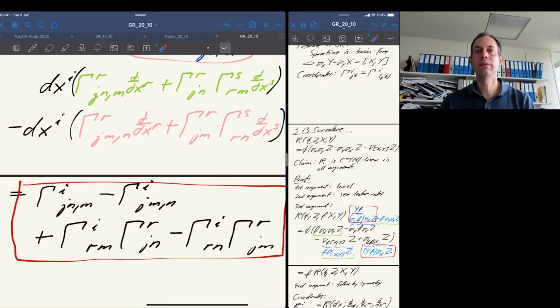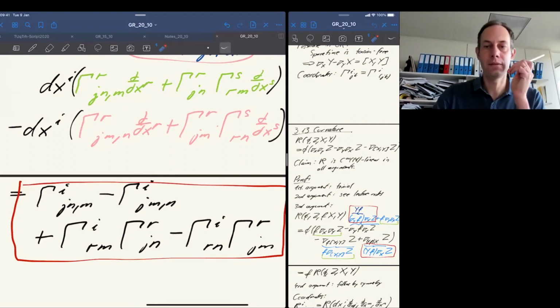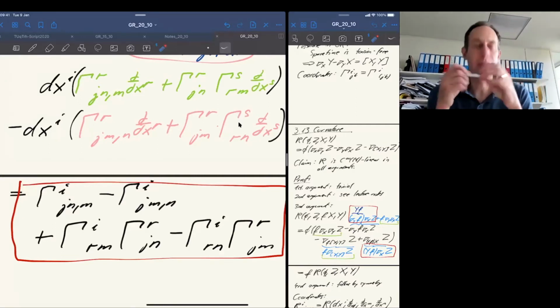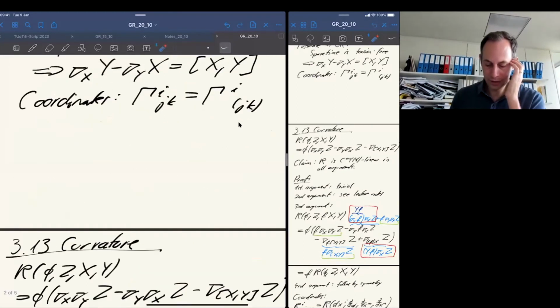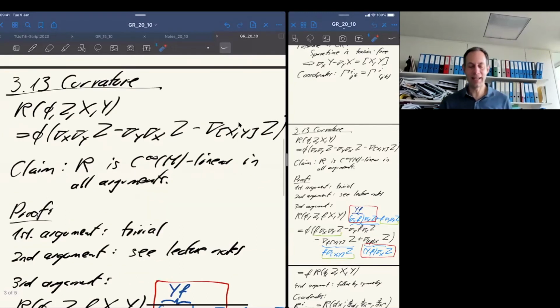There is one question in chat: are R and S tensors or tensor fields? Let me briefly open the chat. Yes, R and S, I probably always said tensors.